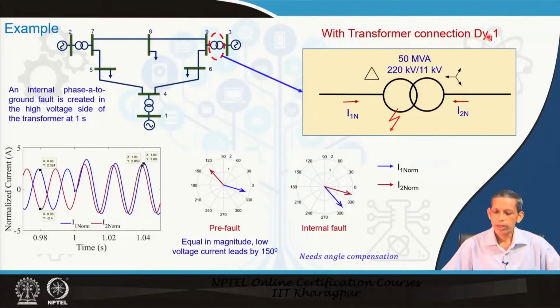Now, for the Dy1 connection, similarly we found the corresponding current and voltage to be this, again the same 150 degrees and 30 degrees. So, here also we need to consider angle compensation. Typically, this kind of angle compensation was done in earlier versions of analog relays by connecting the CTs in star and delta, for a delta star transformer, but now numerically that is not being done.